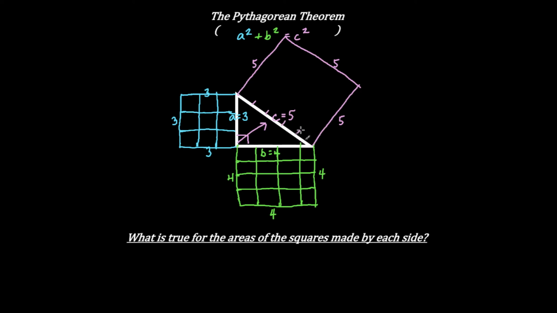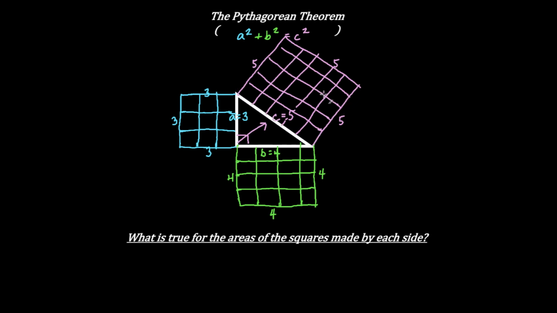Okay, so I can go like that, and that, and 5. 1, 2, 3, 4. Let's see if I can do this. So it's 1, 2, 3, 4, 5. 1, 2, 3, 4, 5.